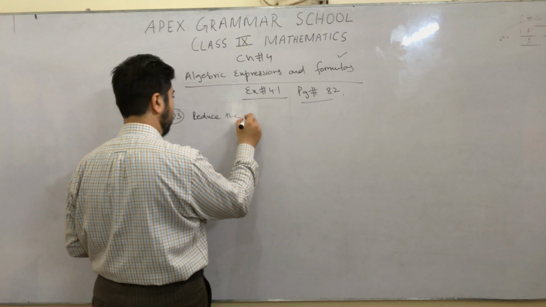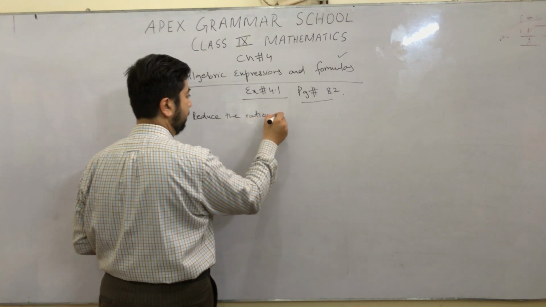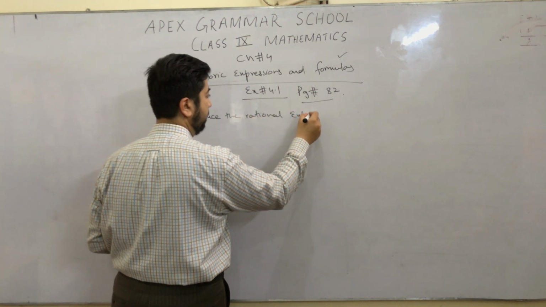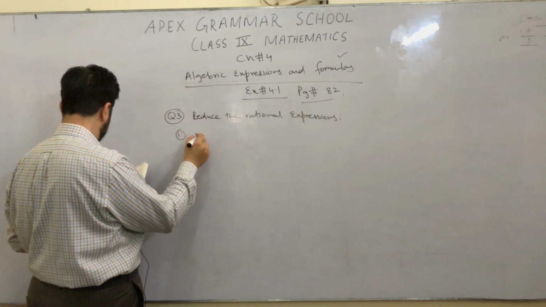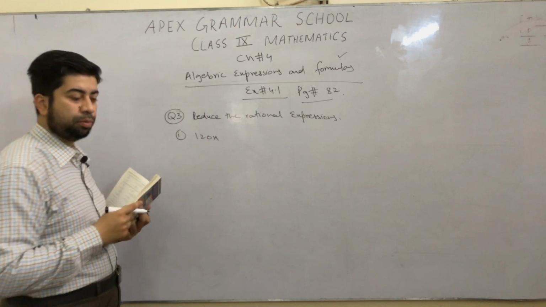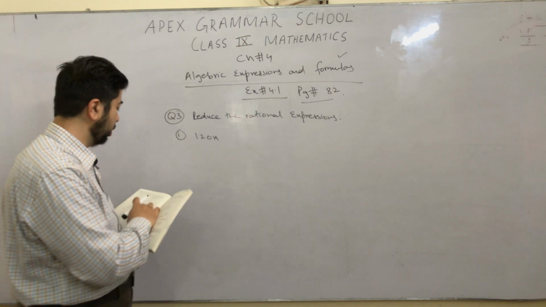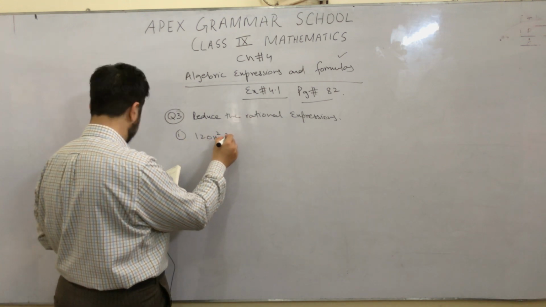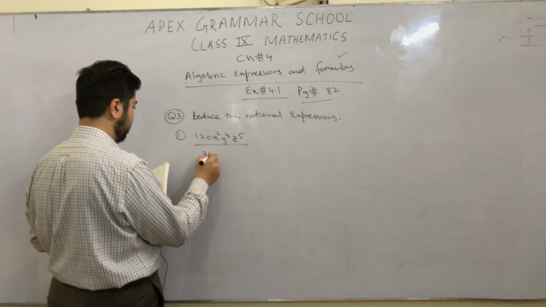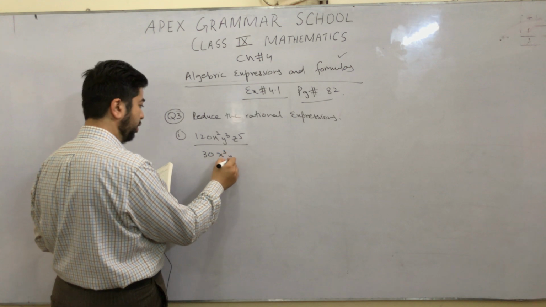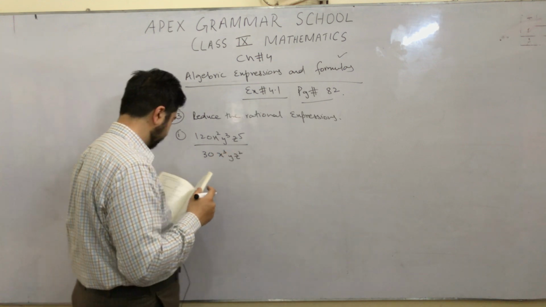The rational expressions. The first part is 120x square y cube z raised power 5 divided by 30 x cube y z square.